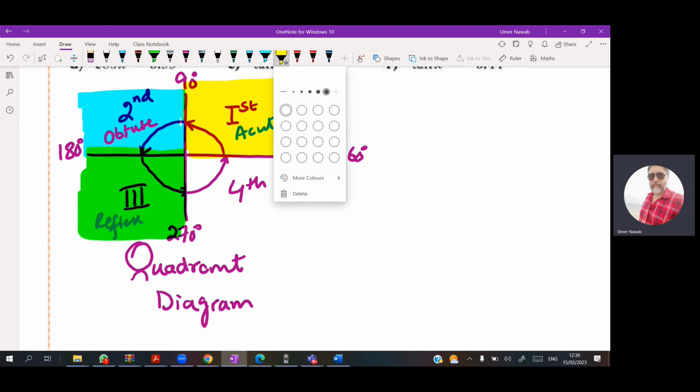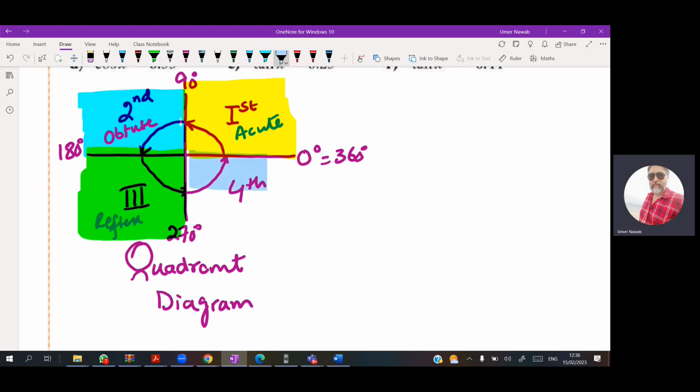And also now I'm going to write the fourth quadrant, which starts from 270 and ends at 360 degrees. They're also reflex angles.